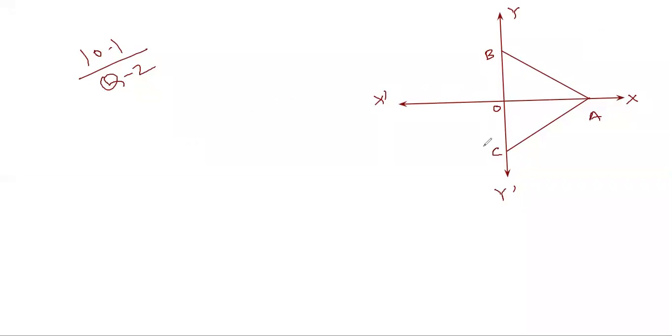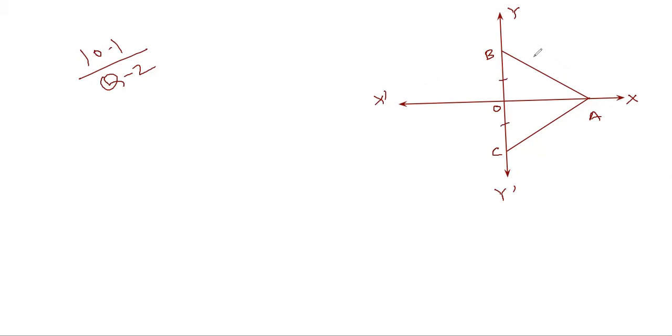Question number 2. The base of an equilateral triangle with side 2a lies along the y-axis, and the midpoint of the base is at the origin. So that means this is the midpoint, and these two parts will be the same.